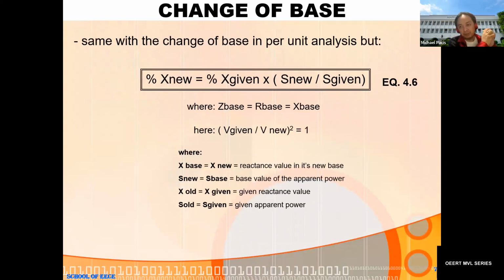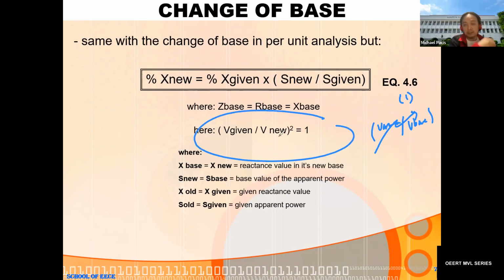To the next few slides. Now, this is the change of base formula. And then you can get the X new here, or the X base, by having the X given times S new over S given, or yung S base over S old. Now, in this case, nawala yung V given over V base here. Hindi naman necessary na wala. It becomes 1. Simply because, if V given is equal to V new in the calculation, the answer is 1 per unit.